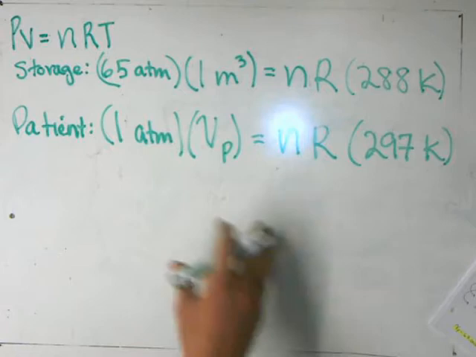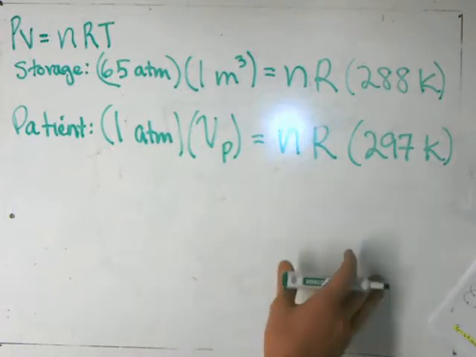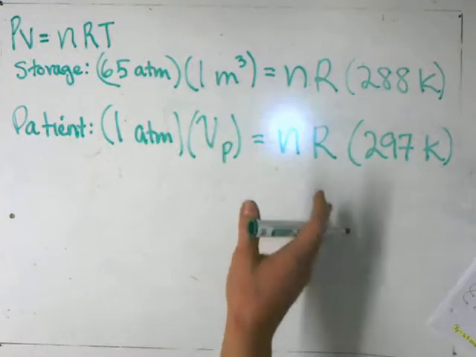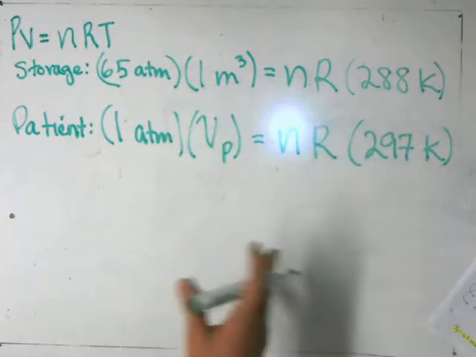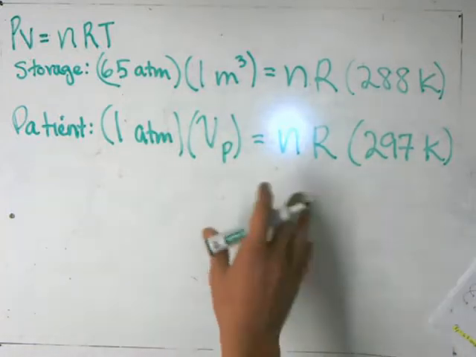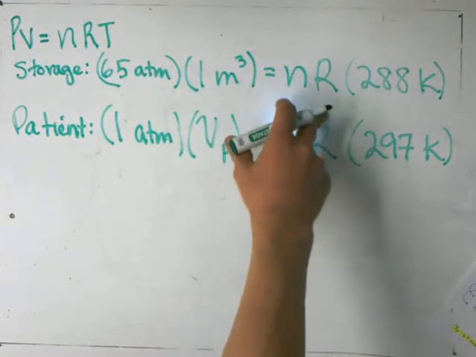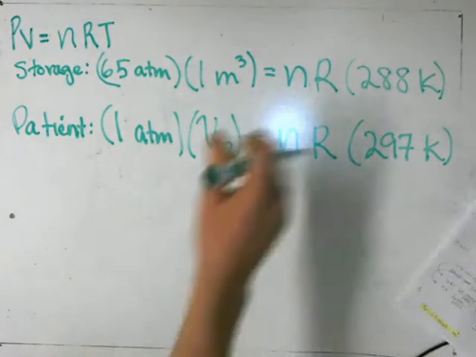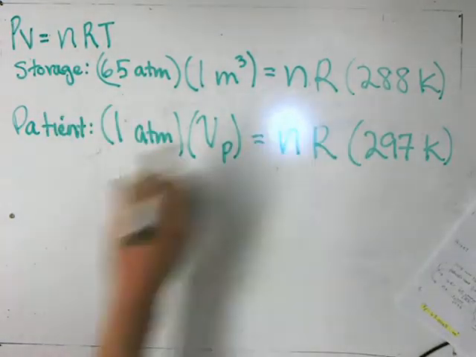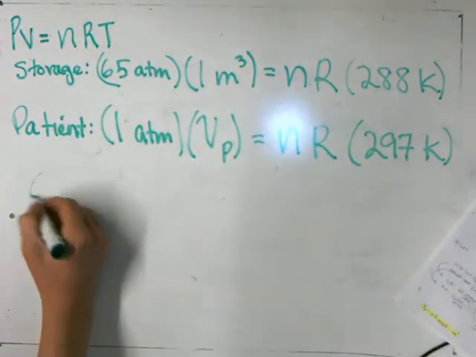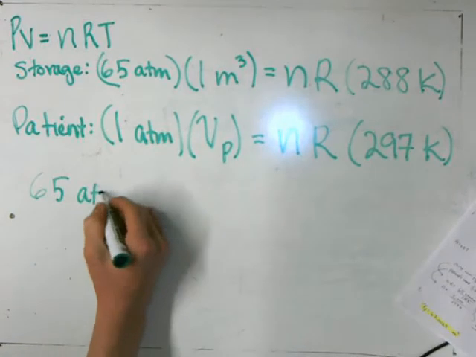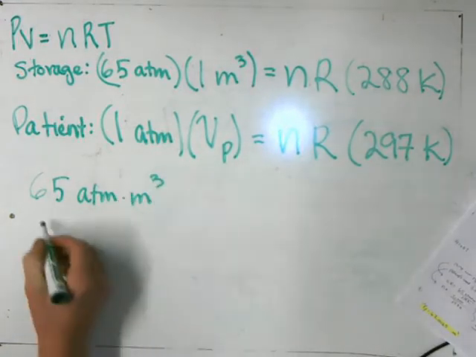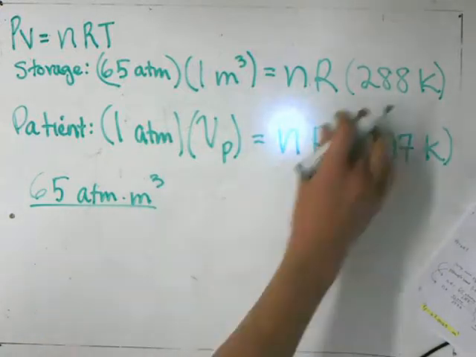Well, since we have the other equation, which has the same number of moles, because the number of moles isn't changing when the oxygen is being transferred to the patient's room, we can solve for the number of moles times ideal gas constant, or NR, in both equations, and then set them equal. For the storage room, NR is equal to 65 atmospheres times 1 meter cubed, all over 288 Kelvin, because you have to divide both sides by 288 to solve for NR.